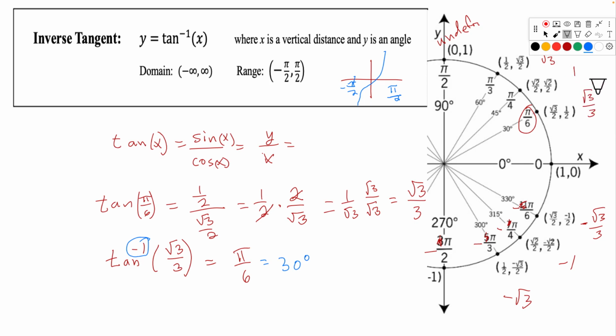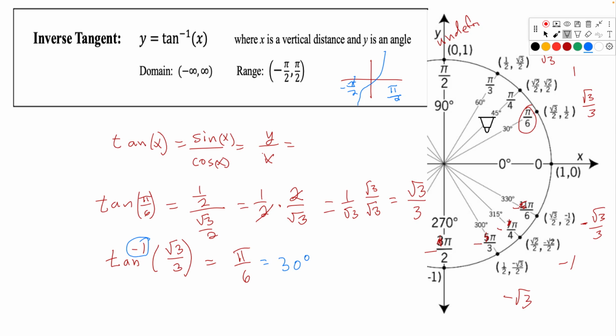So it's helpful that you know, at least for the 3 special angles we have, square root of 3 over 3 goes with pi over 6, 1 goes with pi over 4, and square root of 3 goes with pi over 3. Okay, so those 3 values should be written down somewhere. Once you start using them through the homework, they will start to stick.